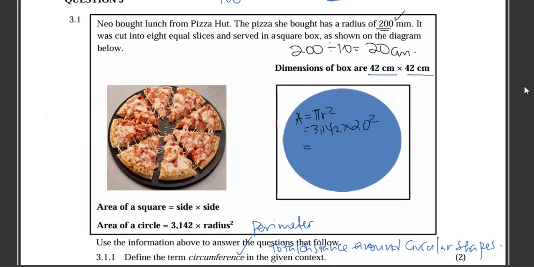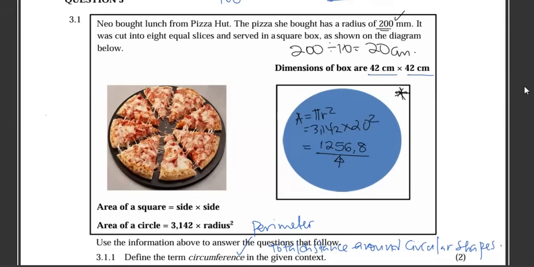Having done that, you say 3.142 times 20 squared. You end up having, remember we are proving that this area here is 71% of the area of the square box.